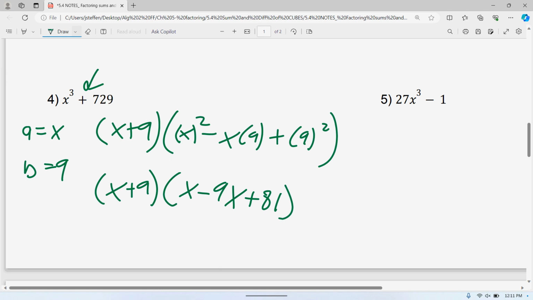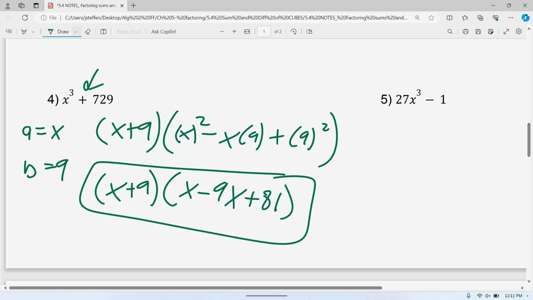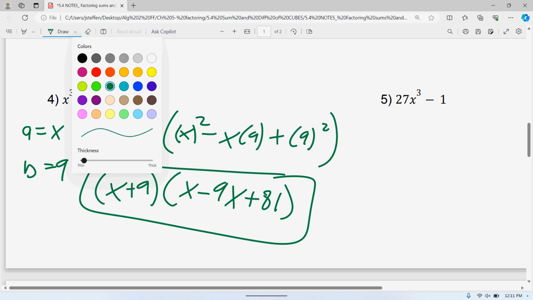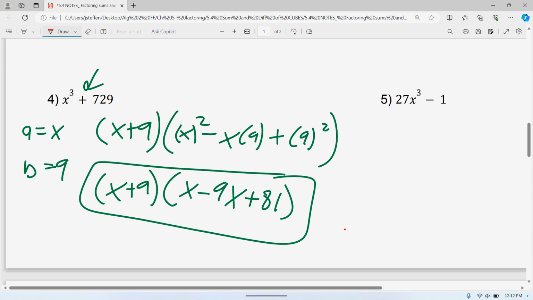It may take a little bit more time or a little bit more writing, but that's okay. But again, that's all we're doing. In B, you plug it in.